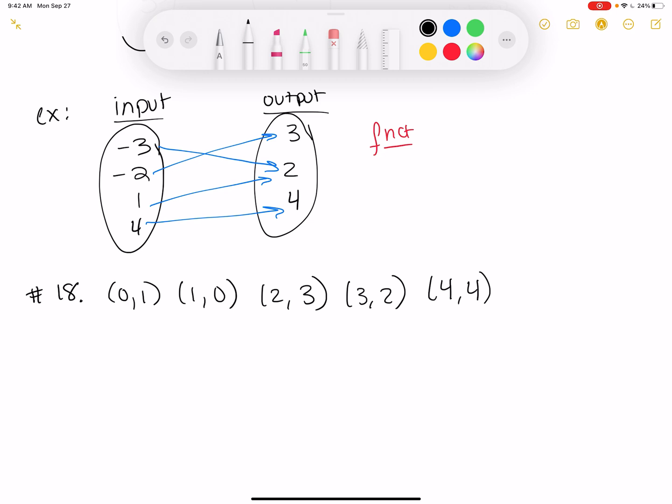Is this a function or not? It's a function, yes. Why? Because each input has one output.